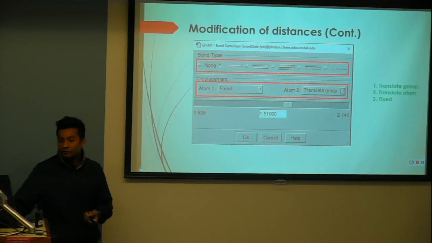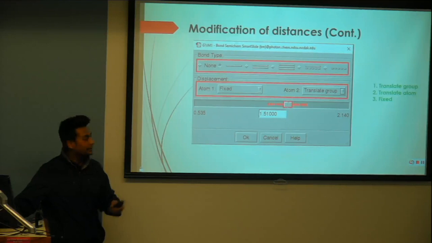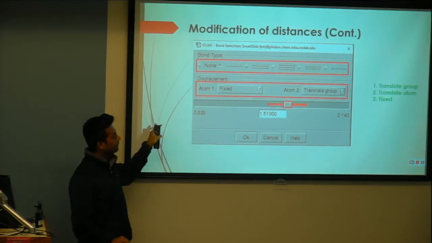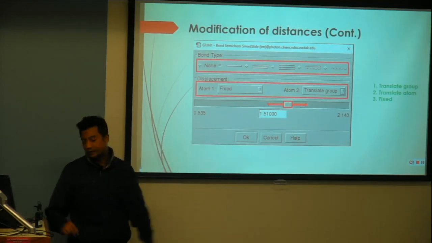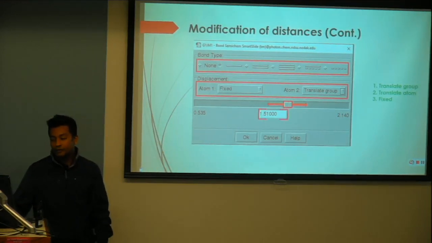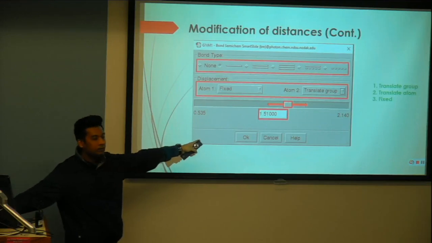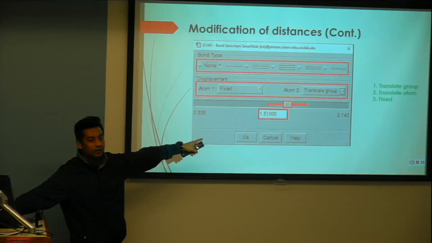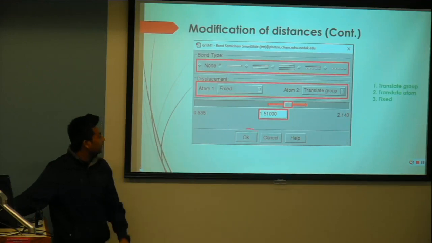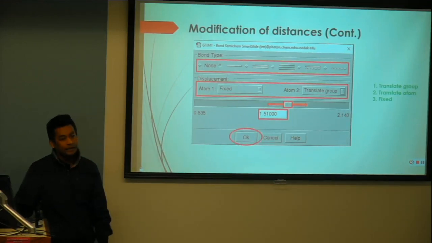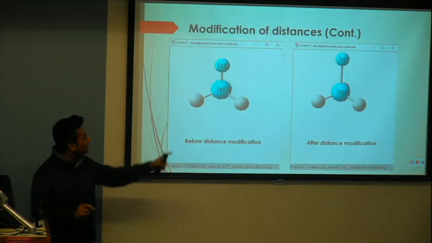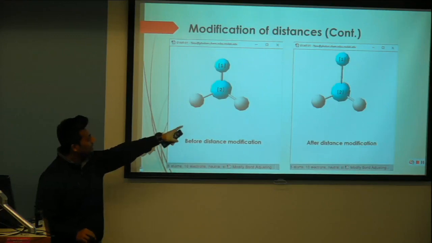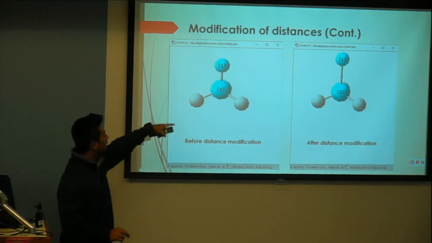So if you want to change the distance, this is the arrow. You can reduce it to the left, and you can increase it to the right. Another quick option is to just put in the value you want, like 1.51 angstrom here. After that, you click OK, and it's done. So here is an example. You see, I changed the distance between 2 atoms.